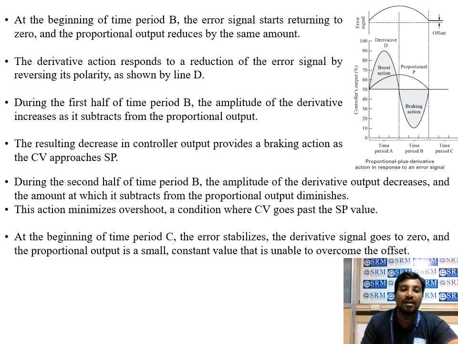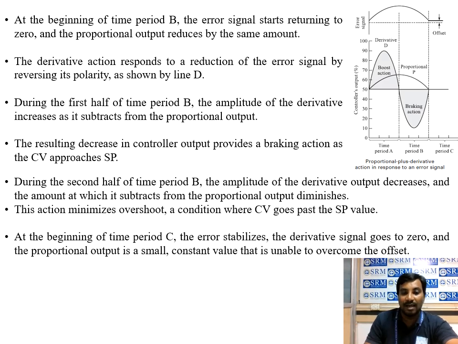You can see it. During the first half of time period B, the amplitude of the derivative increases as it is subtracted from the proportional output. This resulting decrease in the controller output provides a braking action as the control variable approaches the set point. During the second half of period B, the amplitude of the derivative output decreases and the amount subtracted from the proportional output diminishes.